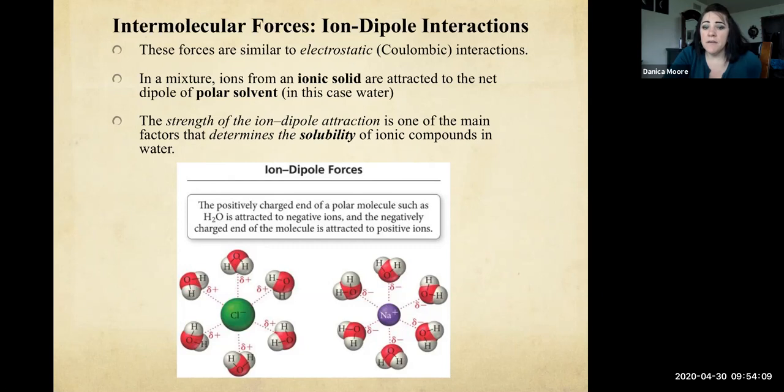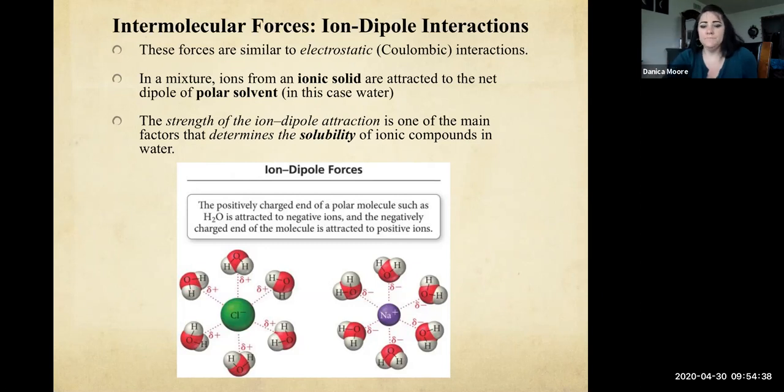The strength of the ion-dipole attraction is one of the main factors that determines the solubility of an ionic compound. So chapter 11 is all about solutions. So this idea of intermolecular forces and ion-solvent attraction is going to be really important going into chapter 11, okay? Any questions about those?